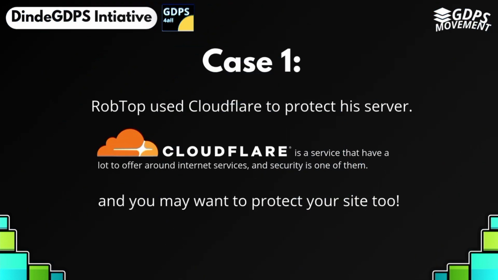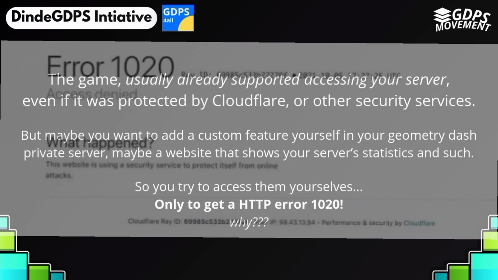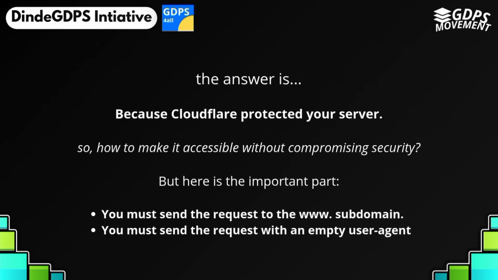Now we're going to dive a little bit, just surface level, into some of the API endpoints. Case 1. RobTop uses Cloudflare to protect his server, and you may want to protect your site too. The game already supports this fine, but if you are trying to make your own service, like some new exclusive features and stats, you may want to access them and only get blocked when you try. Why?